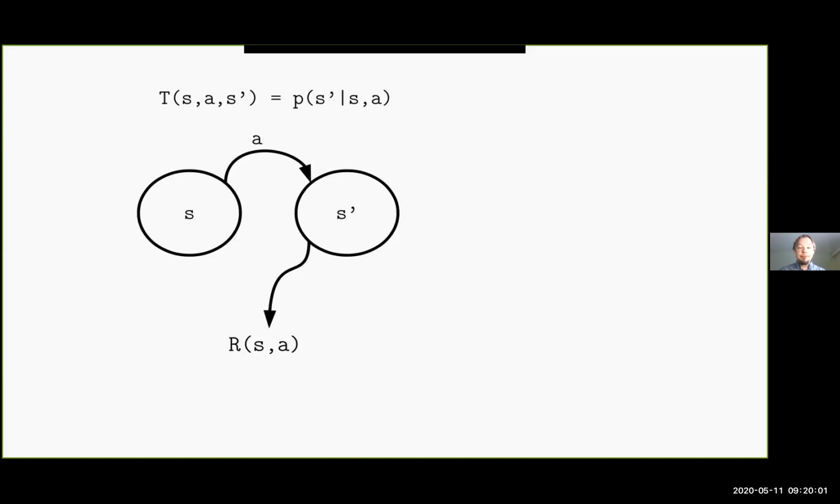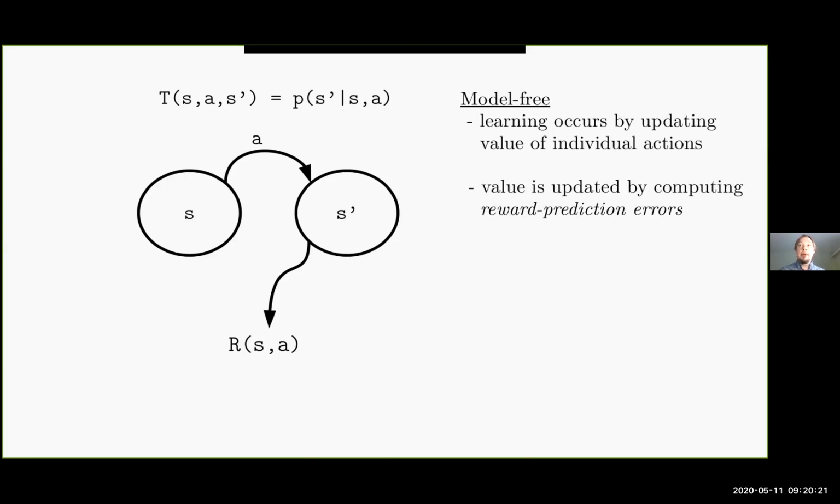Now, to solve the problem of control policy in these sorts of descriptions of problem-solving tasks, reinforcement learning employs generally two classes of methods. There is the model-free reinforcement learning, where learning occurs by updating value of individual actions.